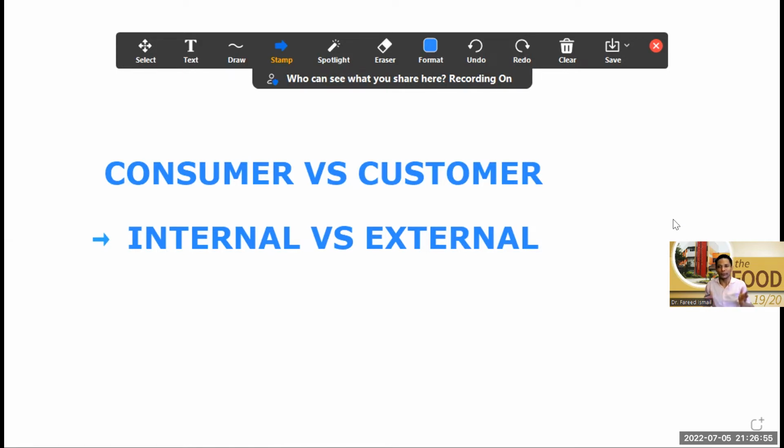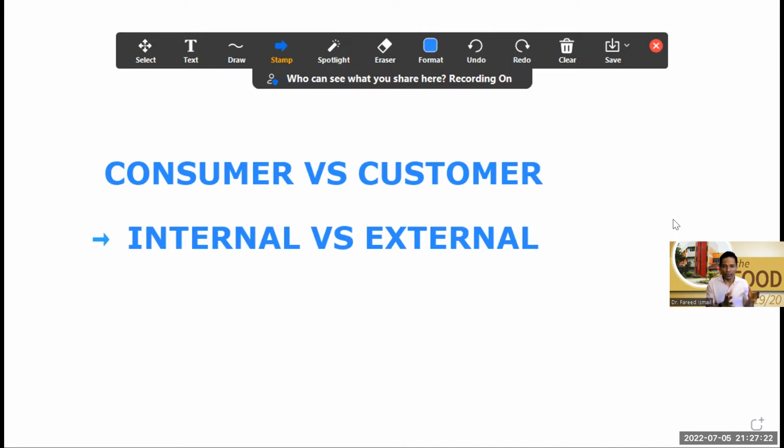Once we identify that we want to understand people who will buy our product and consume it by themselves, the behavior of this group of people, there is a tendency for them to buy and consume our product.